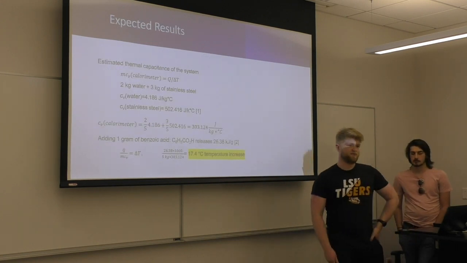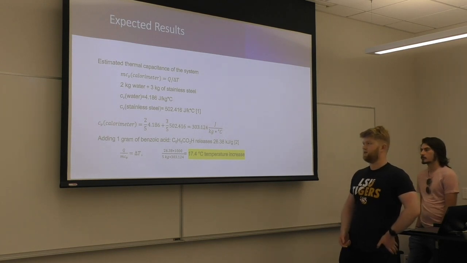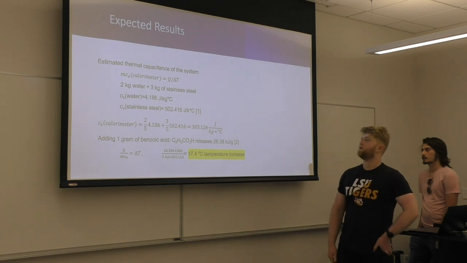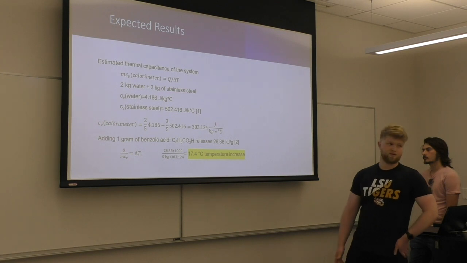And so some expected results. A prediction of what the thermal capacitance will be, based on knowing the system consists of 2 kilograms of water and 3 kilograms of stainless steel.